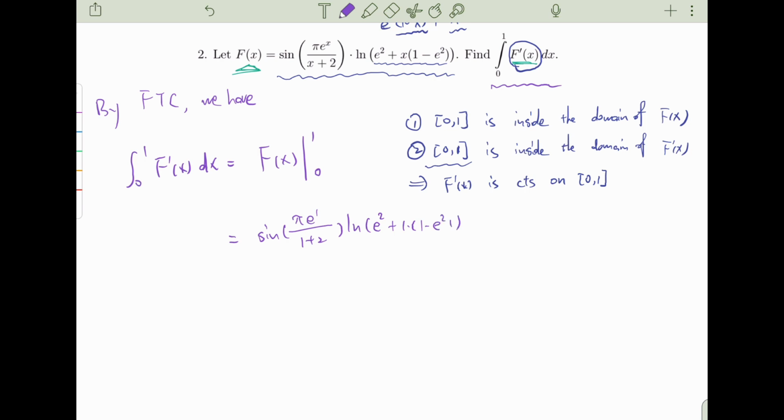This thing minus, plug in 0, pi times e to the 0, 0 plus 2 ln e squared plus 0 times 1 minus e squared, right? So it's easy to understand. And then it simplifies to negative 2.